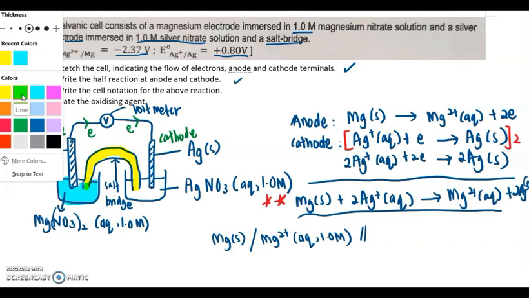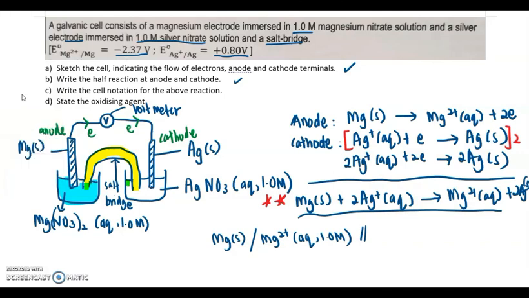Connected dengan Ag plus. Ini dia punya electrolyte dia lah. Jadi kita akan tulis kat sini magnesium, dan Ag plus, dan Ag plus ini telah di-connect oleh Ag solid, iaitu dia punya electrode. So, ini adalah cell notation.